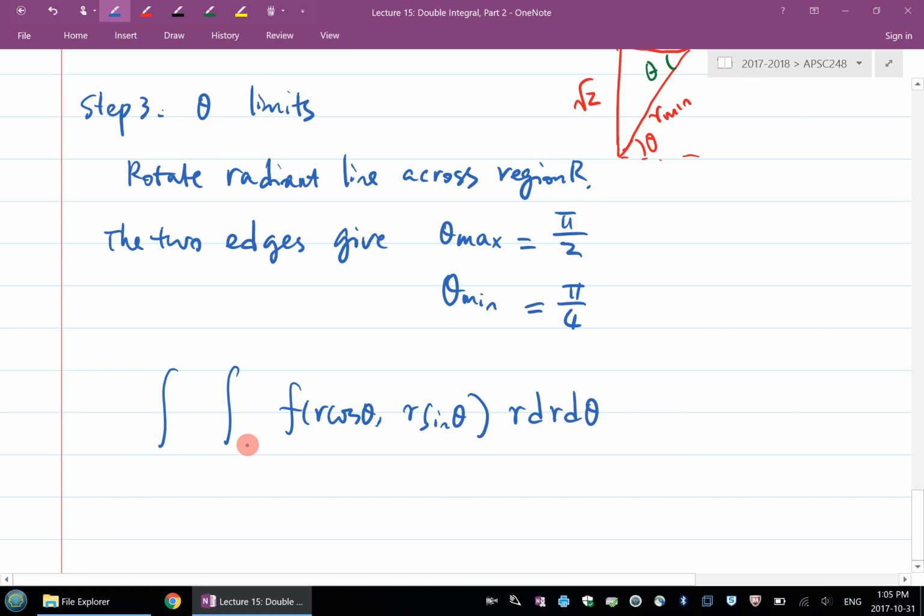Then r goes from, as we just figured out, root 2 cosecant theta to the radius of the circle, which is 2. And theta goes from pi over 4 to pi over 2. So that's the process: finding the limits for r, and then finding the limits for theta.